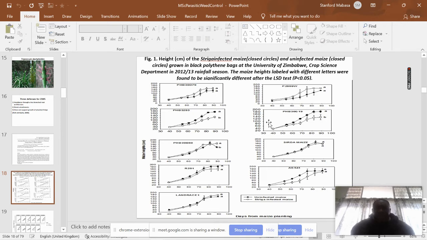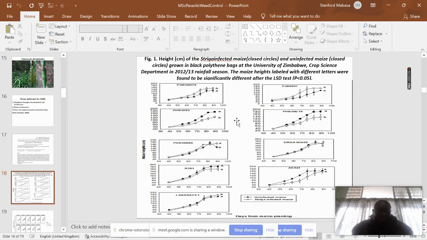Normally, when we are testing for resistance, we usually measure height because that is a very sensitive parameter to Striga infection. What you do is compare heights of the plants which are infected versus plants which are not infected. If the differences in height are small, it means there's tolerance.